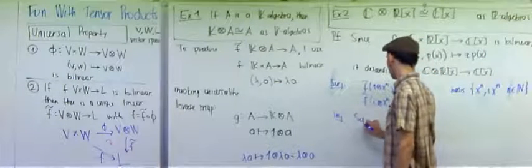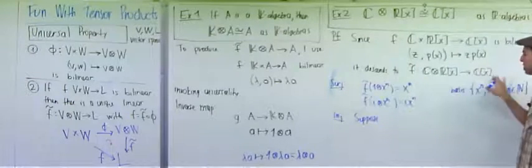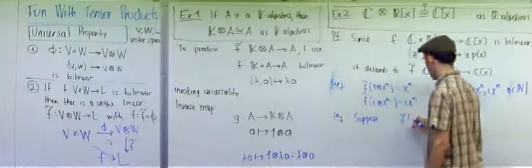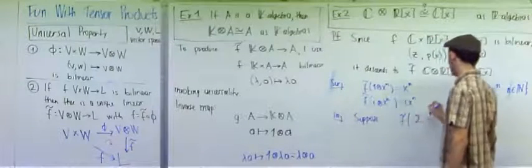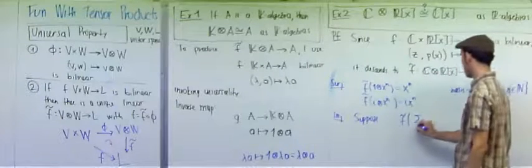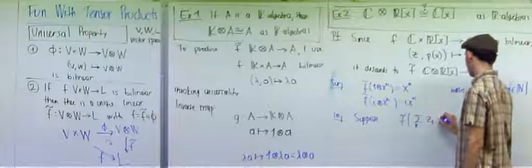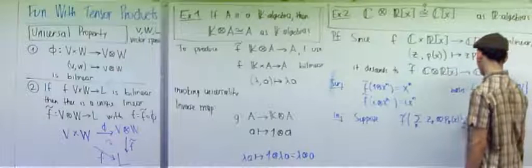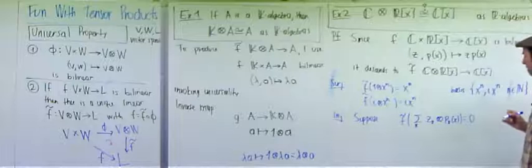Suppose that I take something here that maps to 0. Okay? So f bar of, now what does an element here look like? It's a combination of pure tensors. Right? So let's say that it's a sum over k of zk tensor pk of x. And assume that this is 0. Okay?